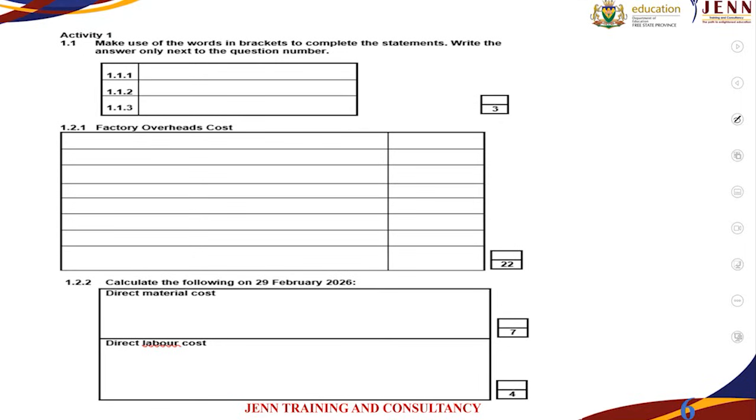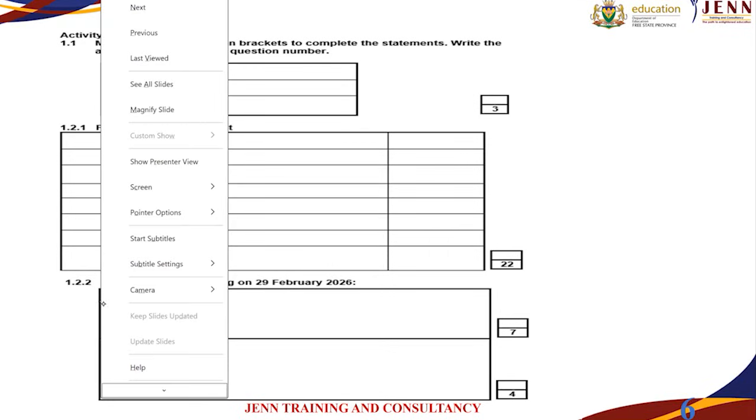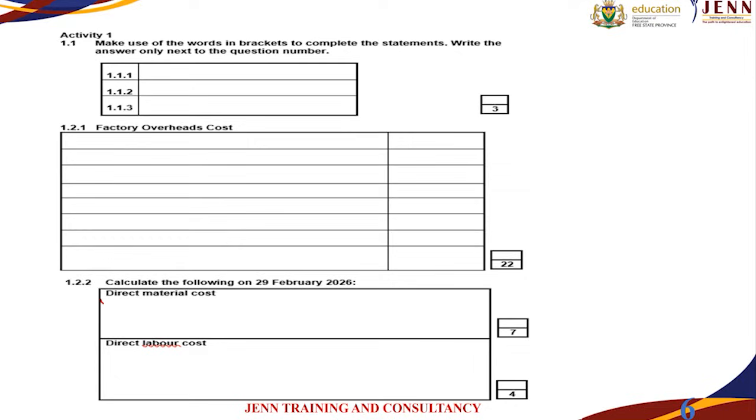Let's look at 1.2.2. There's a question that says we need to calculate the direct material cost. Before we do the calculations or go to the question, there is a formula that one needs to know and understand. The formula will go as follows. It will be the opening balance plus the purchases, because remember, we normally purchase the material during the year, plus carriage on purchases.